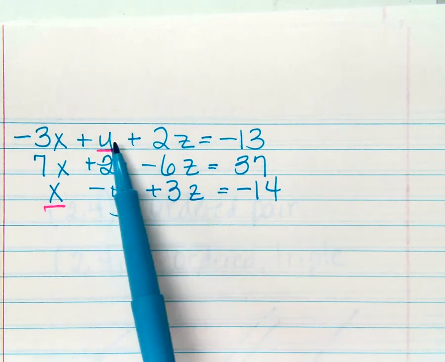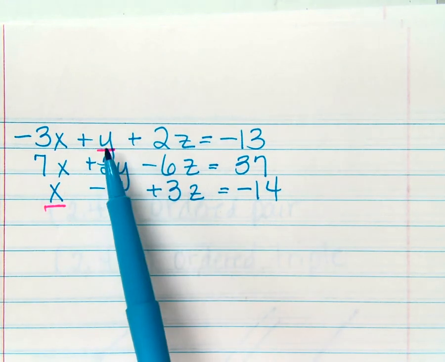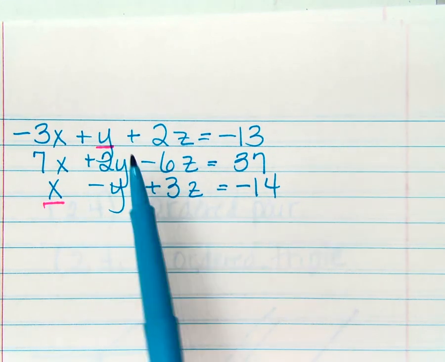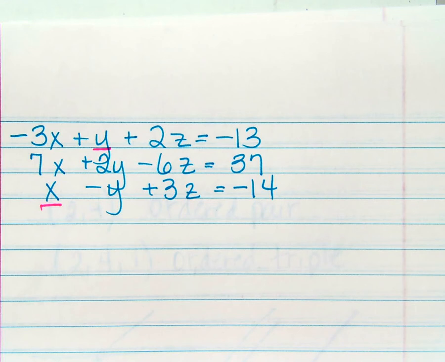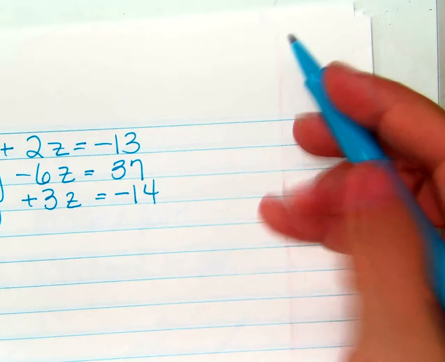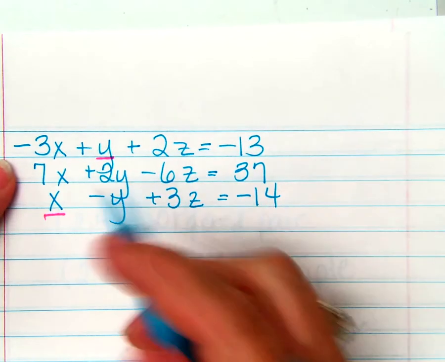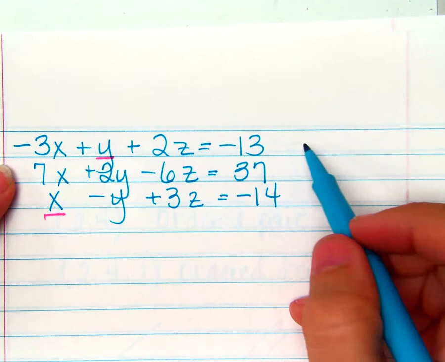Okay, so I'm going to solve for this y. Why am I solving for this y? Because that's what she said. So how do I go about solving for this y? I have to isolate it, right? So let's see, can I add 3x to both sides?